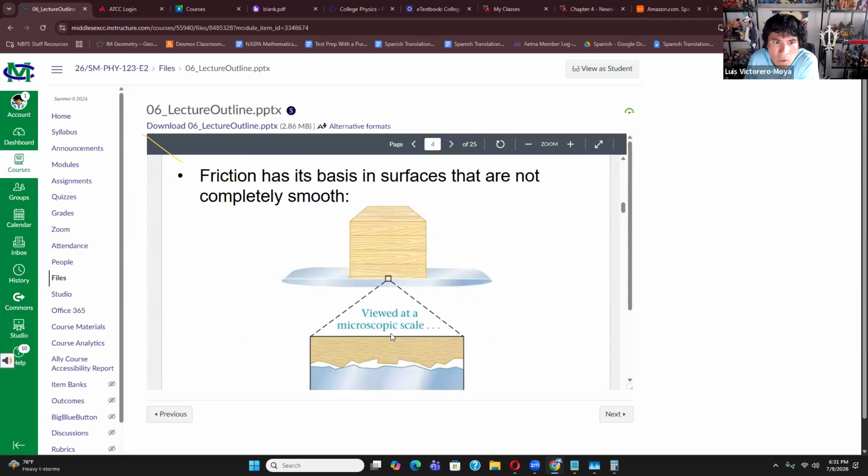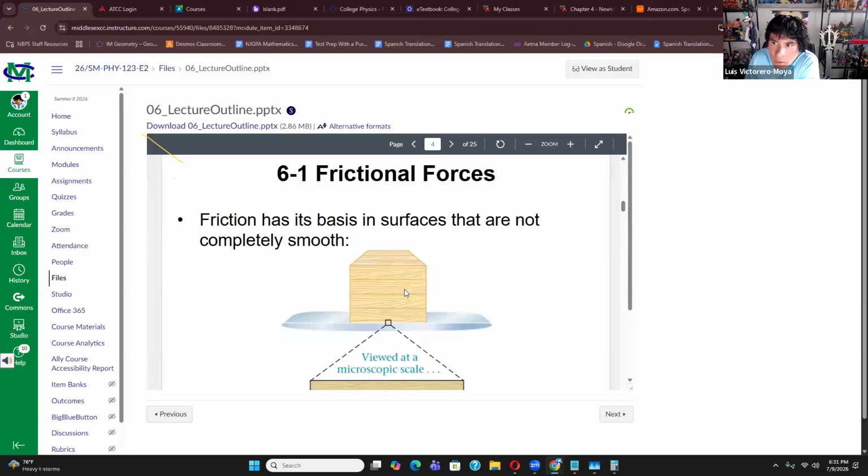Okay. So basically a more realistic case, right? Because friction is actually always happening, all right? You can experience it just by walking. The reason we walk, the reason objects don't keep traveling forward or backward or up and down, is because of friction, right?